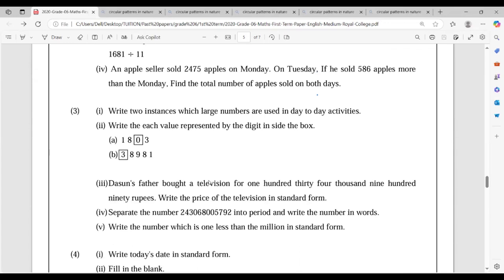Okay, an apple seller sold 2,475 apples on Monday. On Tuesday, if he sold 586 apples more than Monday, find the total number of apples sold on both days. So we can do it like this. What is the Monday sale?